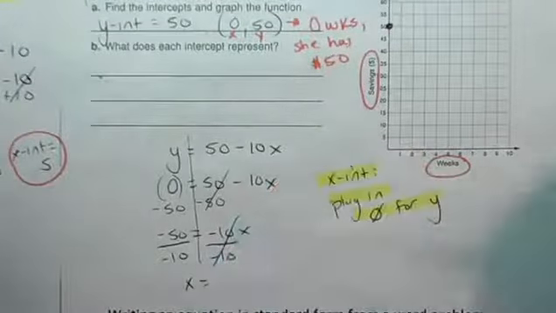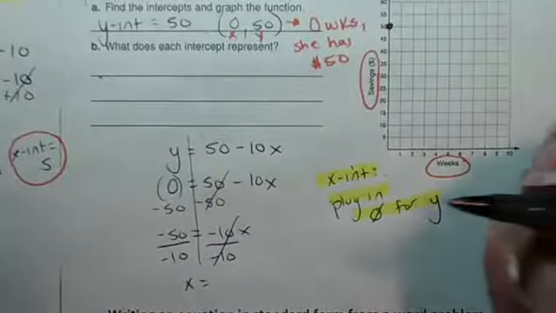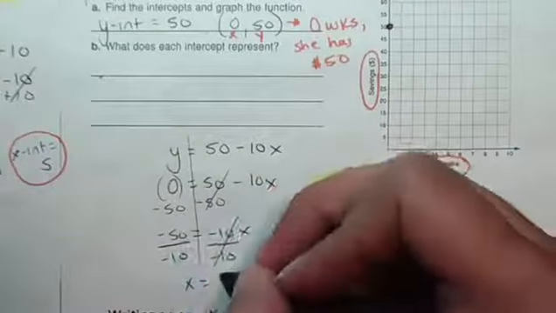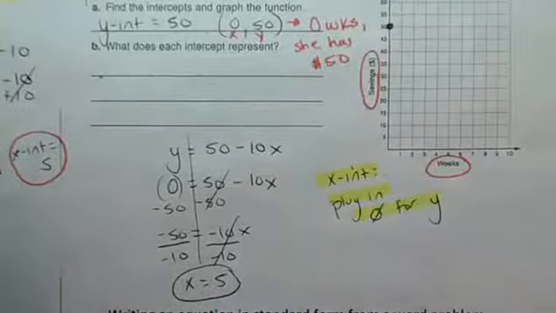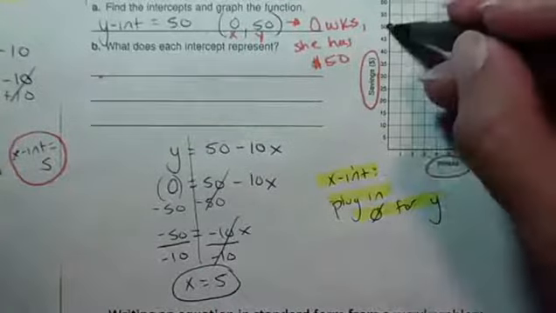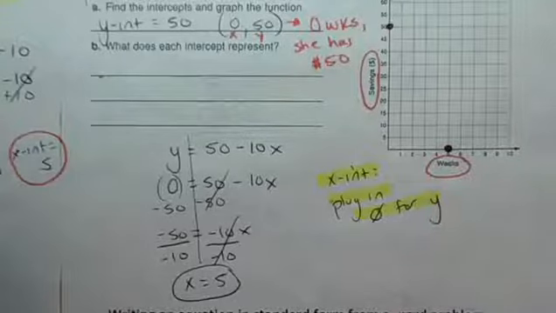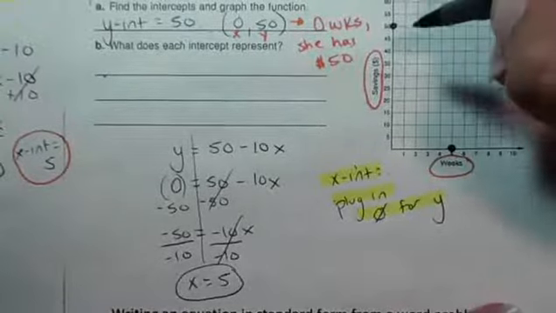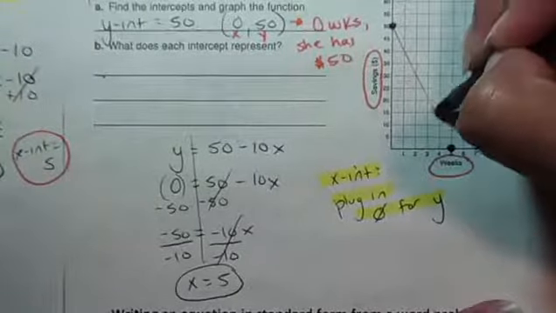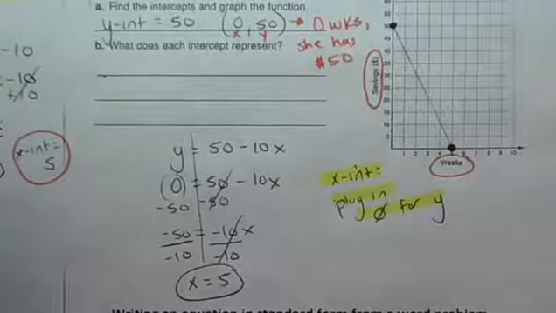And I end up getting that the x-intercept is a positive 5. Okay, so again, at week 5, that's where it's going to be the x-intercept. So if I connect these points, that's about the rate that she's going to be depositing money.